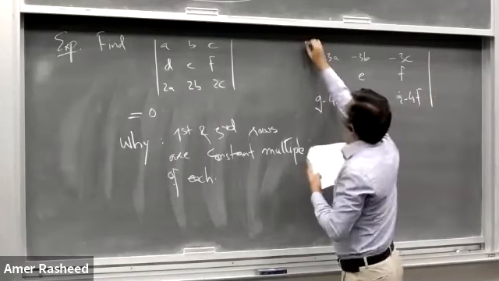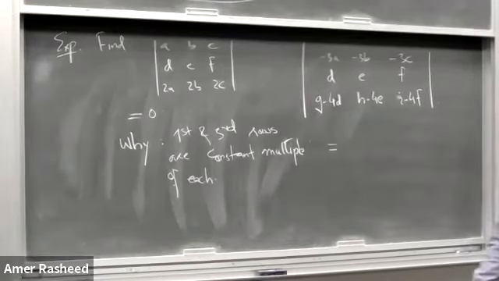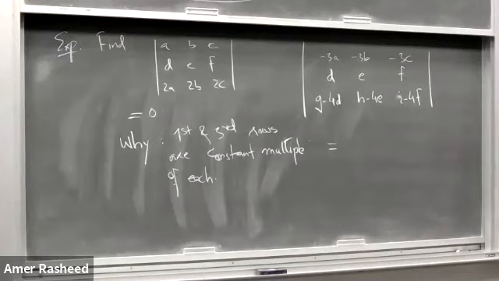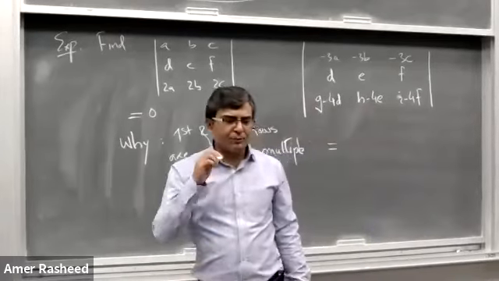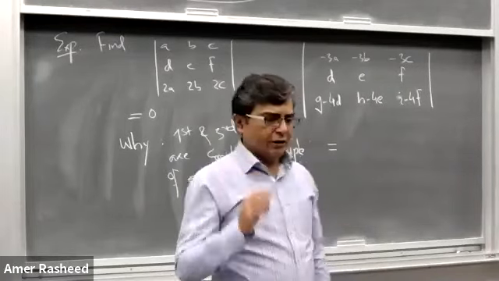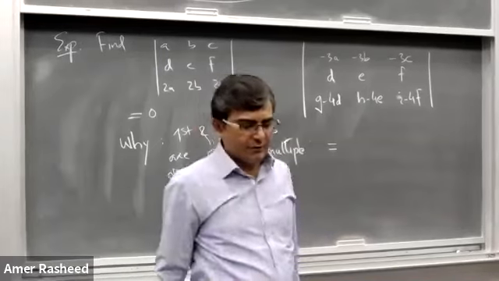What would be the value of this determinant? Anyone? You don't have to evaluate this determinant. You just have to use the properties in order to simplify this determinant and try to find the value of this determinant.